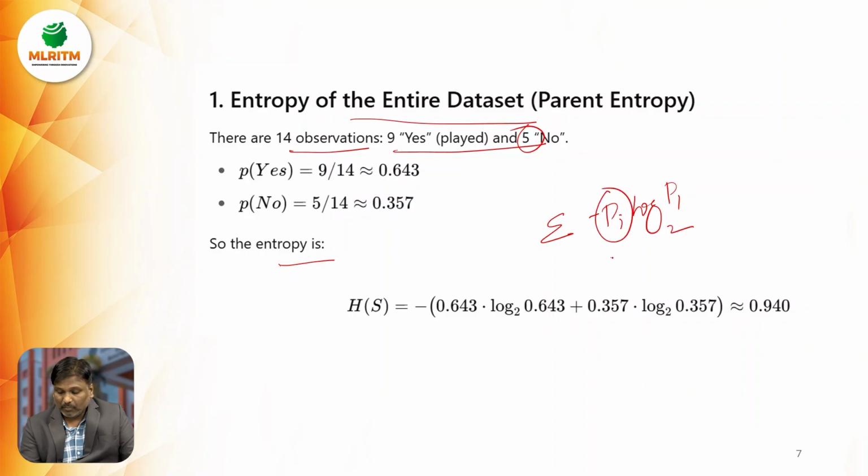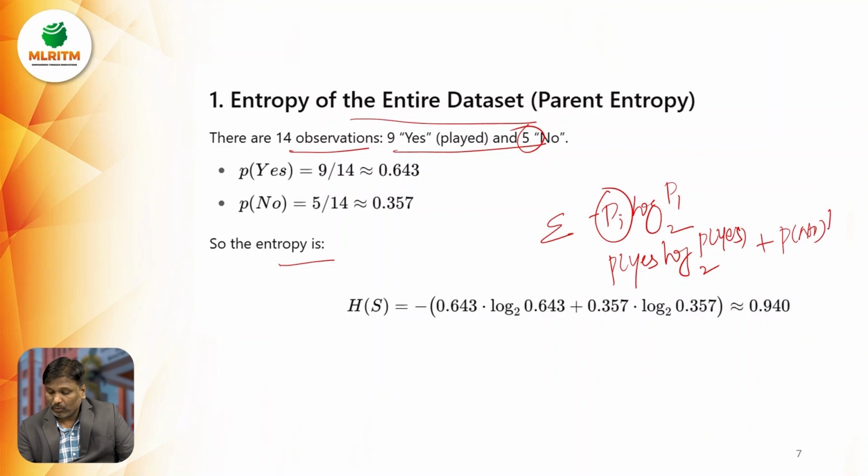P of S into log of P of S base 2, again plus P of no into log of P of no base 2, and the entire thing is under the minus condition. What is P of S?